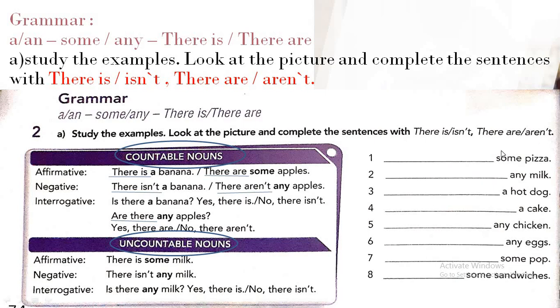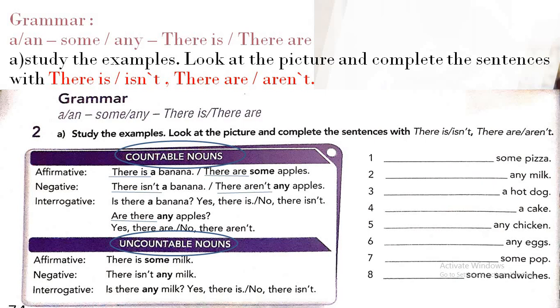So we have here some pizza. So we said we use some with countable and uncountable noun. So pizza. If it is a singular, you use there is. If it is a plural, you use there are.